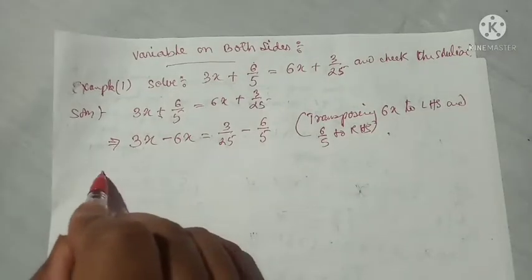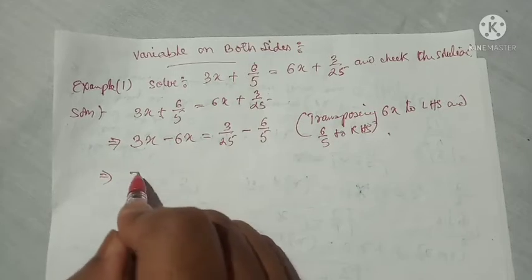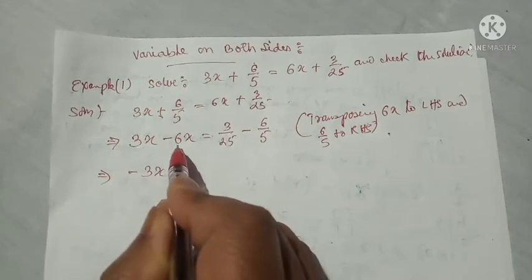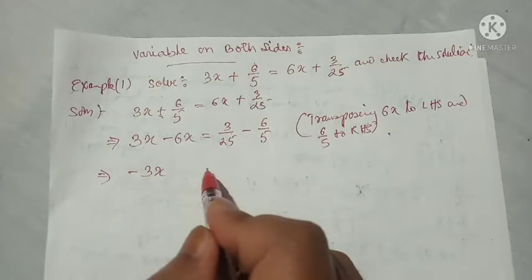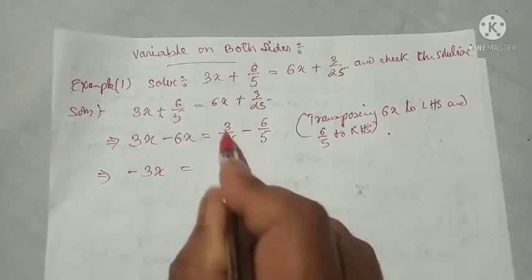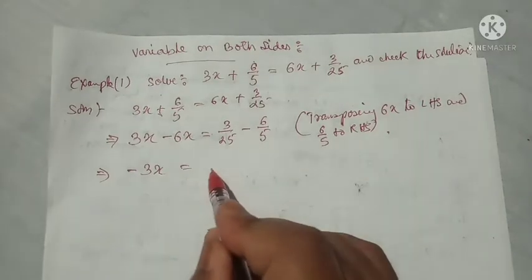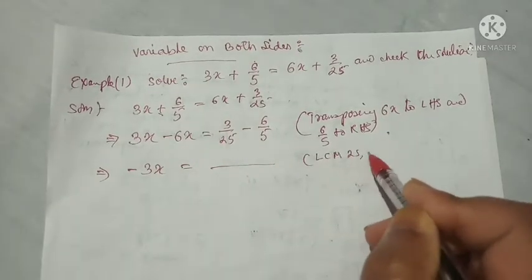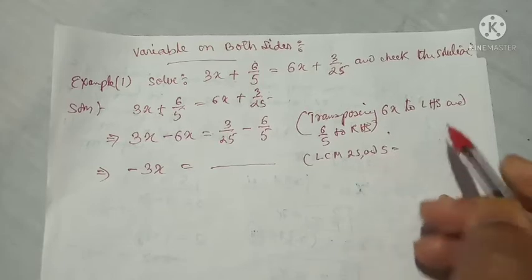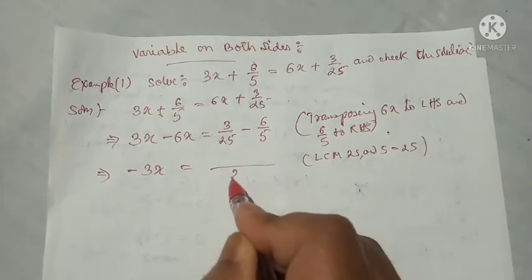Now we subtract 3x and 6x. The left hand side is minus 3x. On the right hand side these are two fractions, and the denominators are not the same, so we have to take the LCM of 25 and 5, which is 25.